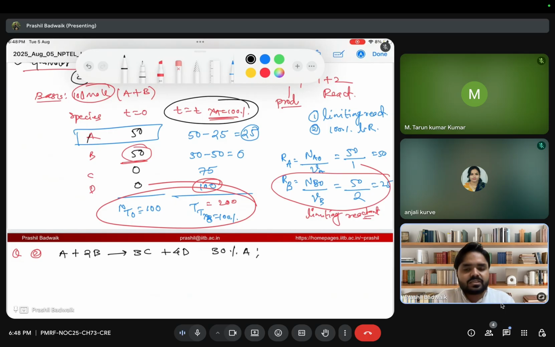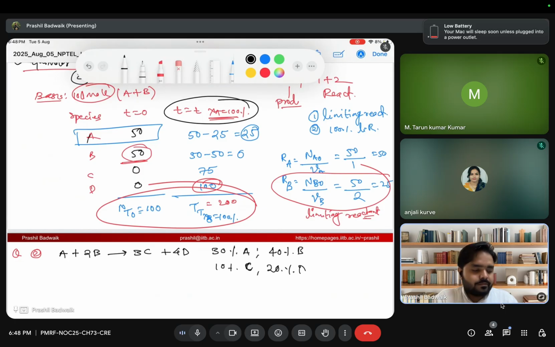You can just change the values and get new values. 40% of B, correct? 30 plus 40 is 70. What remains is 30%. So 10% of C and 20% of D.